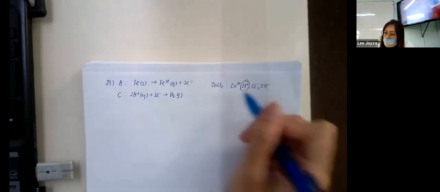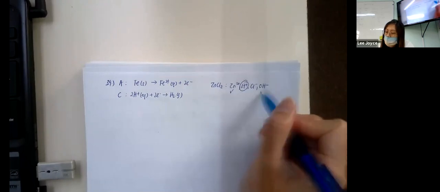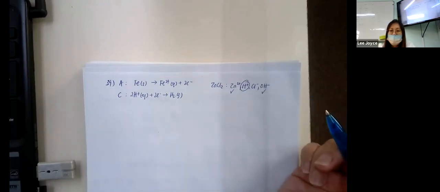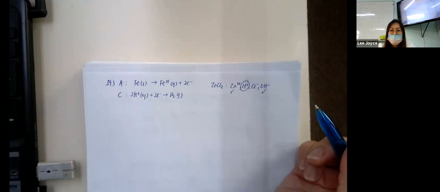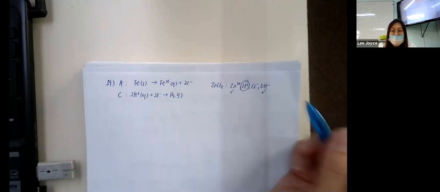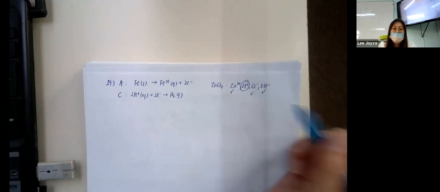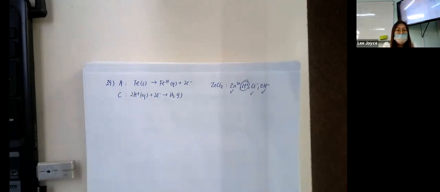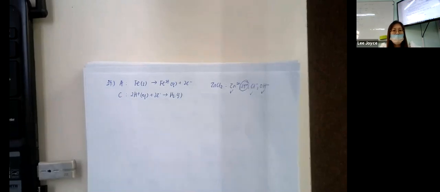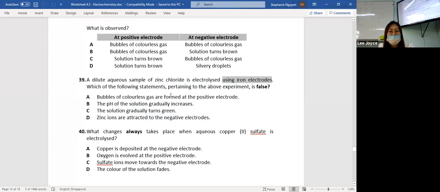What remains will be the zinc 2+, hydroxide and chloride ions in the electrolyte. So if you look at the options here, A is definitely a wrong statement, because the colorless hydrogen gas should be produced at the negative electrode.